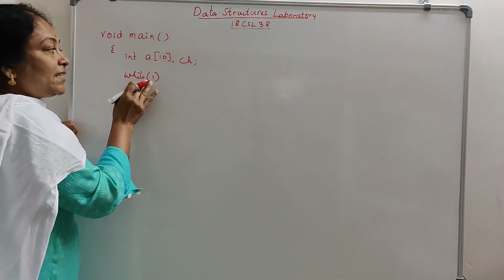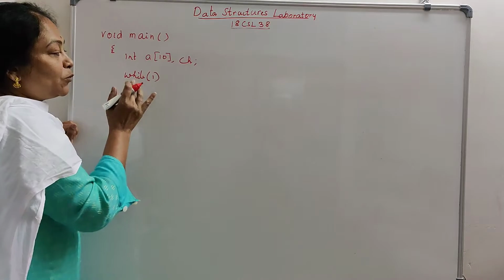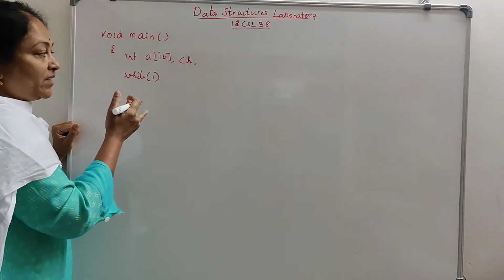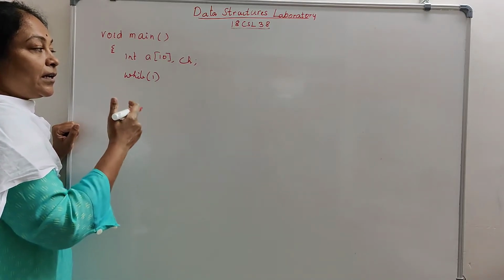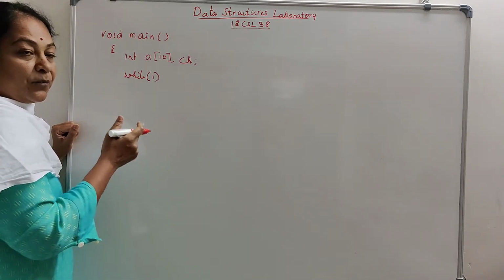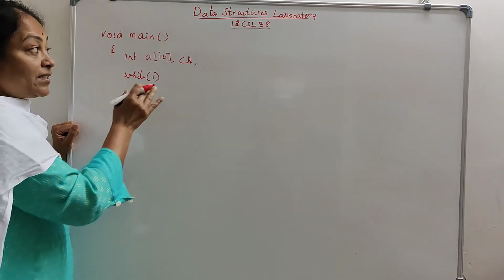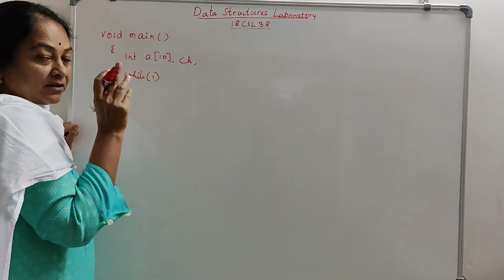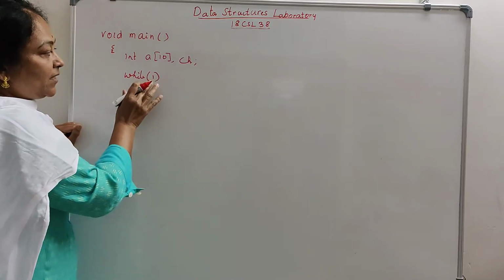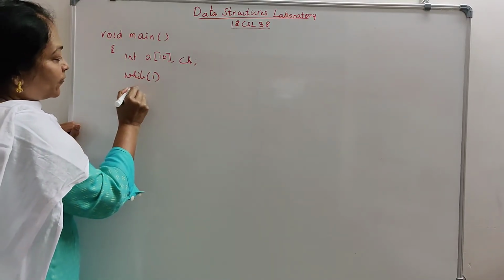This is very dangerous in the sense that if you don't have any exit option or break option, it will go into an infinite loop. Make sure that, because the question itself says one of the options must be exit, that's why I'm using this while of 1.